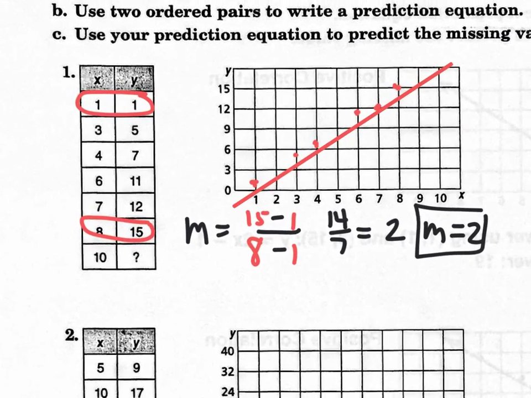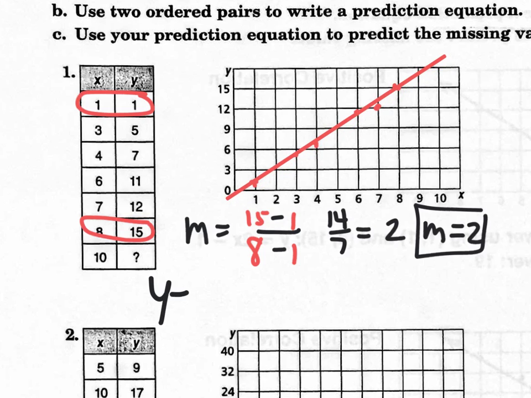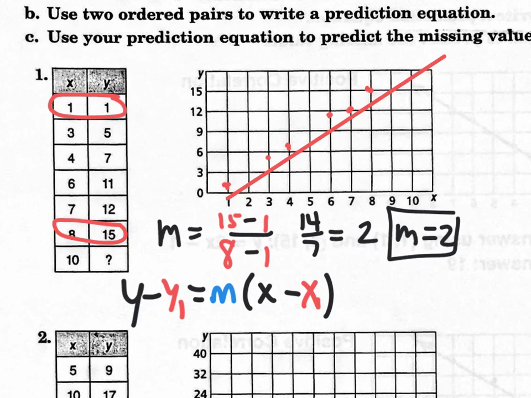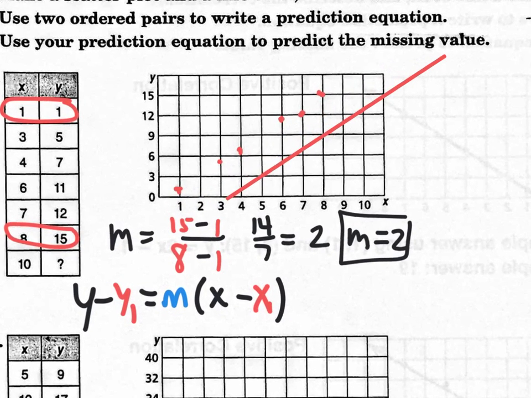So let's first write out the point slope form equation. It's y minus y1 equals m parenthesis x minus x1. Okay, so our equation will be, man, that line keeps moving.